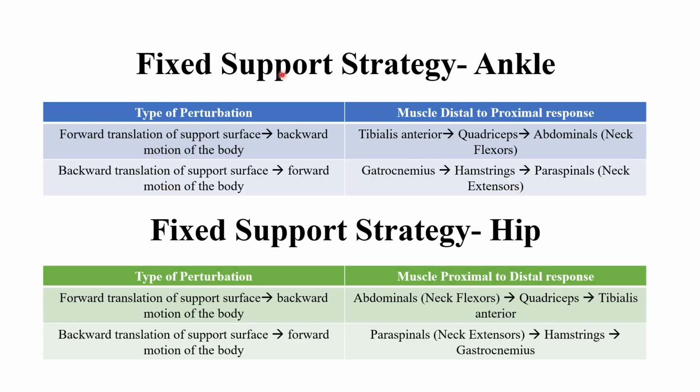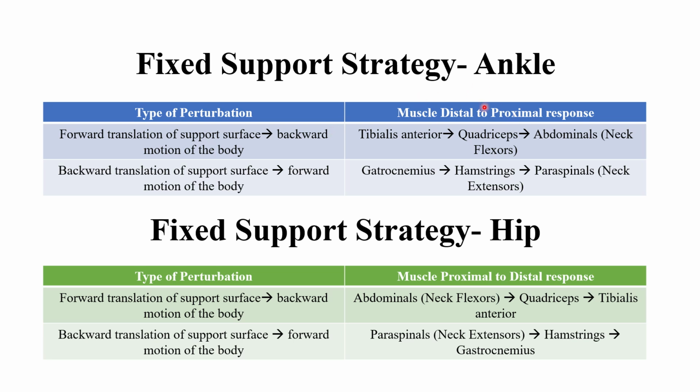Let us now discuss fixed support strategies, which are ankle strategies and hip strategies in particular. Imagine you are standing on a carpet and someone in front of you pulls the carpet anteriorly. Your natural tendency is the backward motion of the body because someone has pulled it forward. That is because of your inertia.